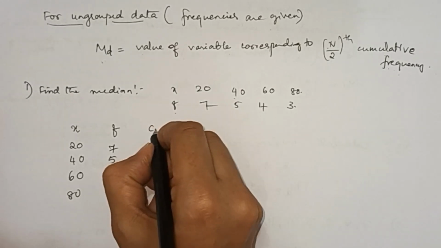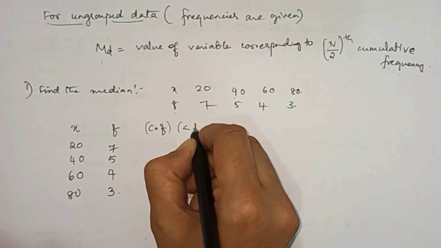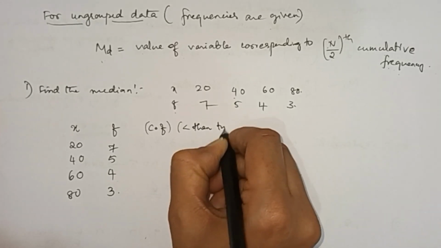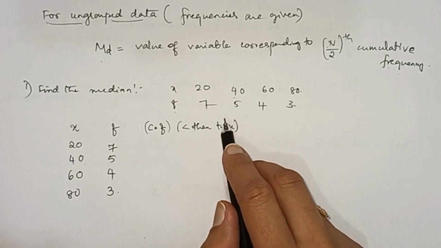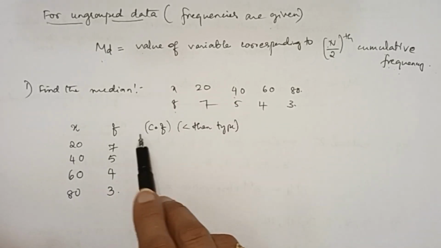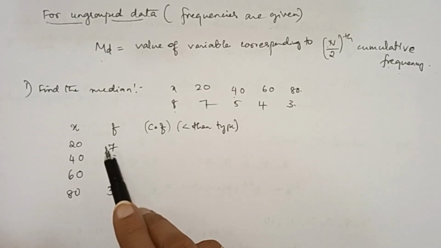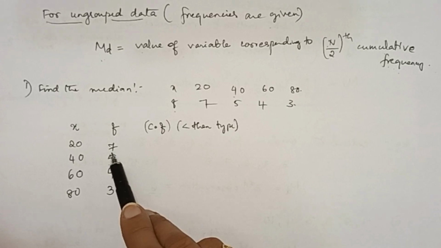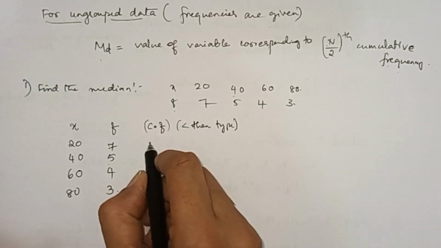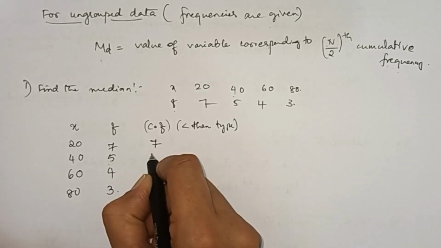Now you have to find the cumulative frequency. CF means cumulative frequency. It is the less than type. There is one more which is the greater than type. Here I am finding the less than type frequency. So cumulative frequency is obtained by adding the next frequency to the previous frequency. The first frequency is 7, the next is 7 plus 5, 12.